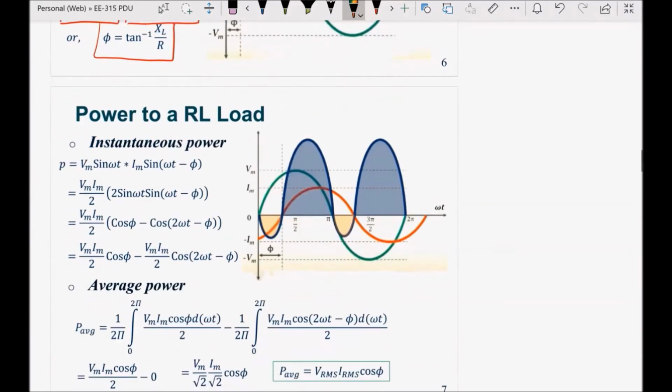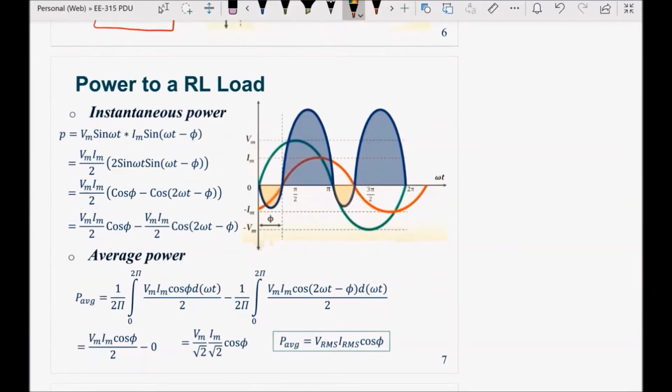Now to calculate and plot the instantaneous and average powers, we know the formula, and by solving the trigonometric equations we can come up with the final expression, which is this. Alright, now to calculate the average power of the complete cycle, we will integrate the expressions from above and solve, which will eventually give us the final expression in the RMS form.